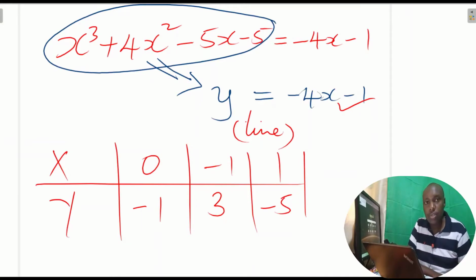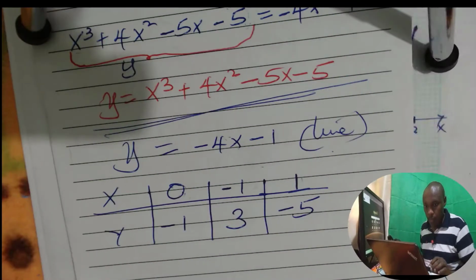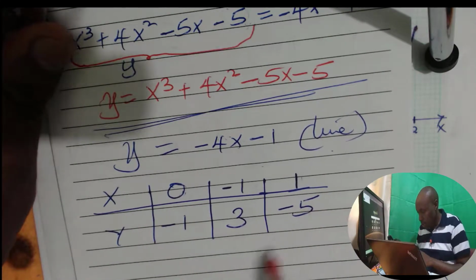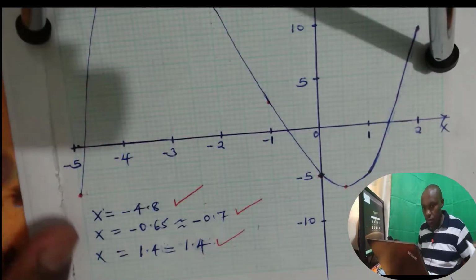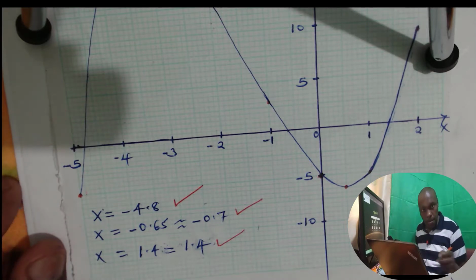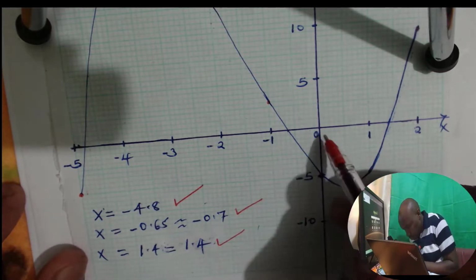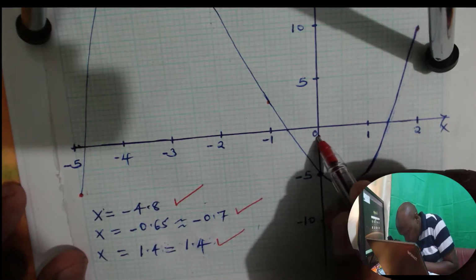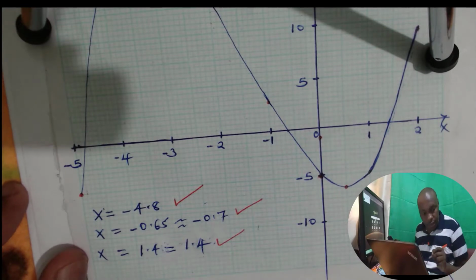So let's go straight to the graph and plot those points. These are the points that we need to plot: (0, negative 1), (negative 1, 3) and (1, negative 5). So 0, negative 1 is here, that will be the point there. Then we have negative 1, 3.